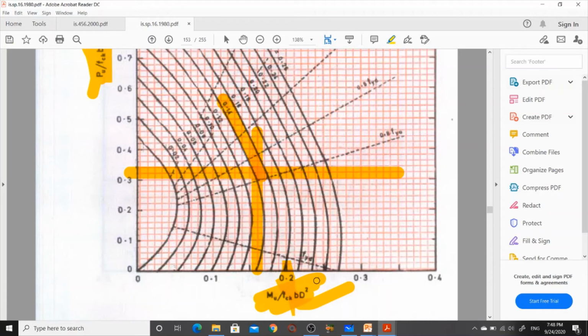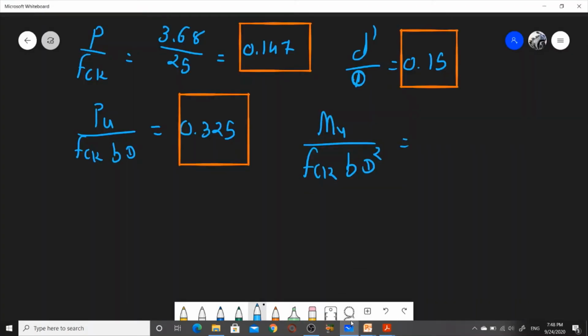Mu by fck bd squared is 0.16 here. So Mux1 is equal to 0.16 into fck 25, into b 400 and D 400 whole squared.